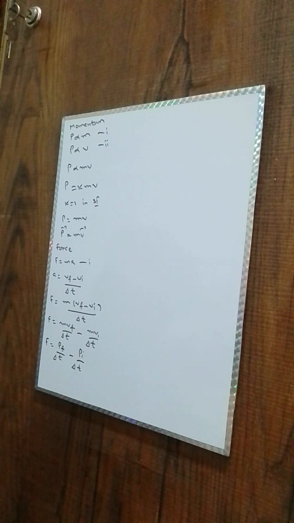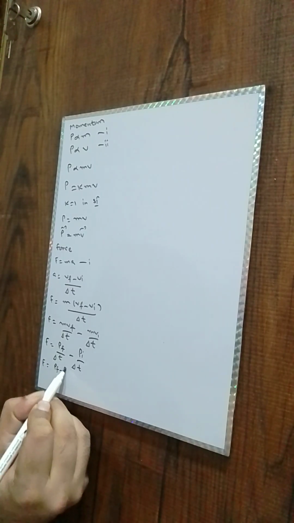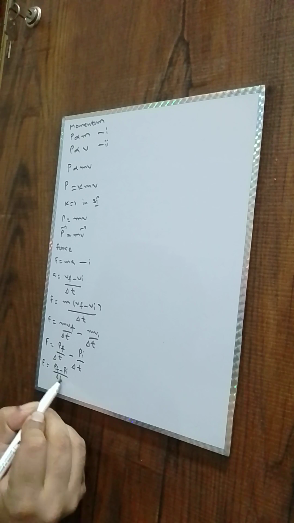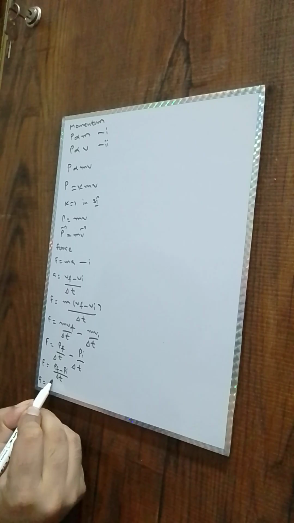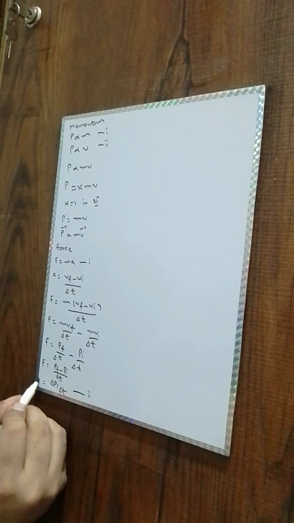So F is equal to pf minus pi by delta t. Yes, so F is equal to delta p by delta t. So this is the form we're looking for, force in terms of momentum, and it is understandable.